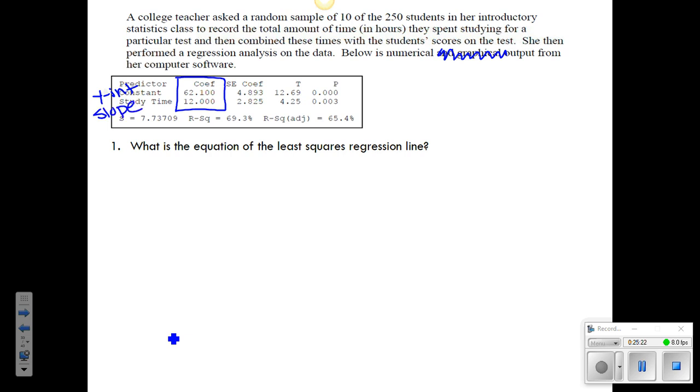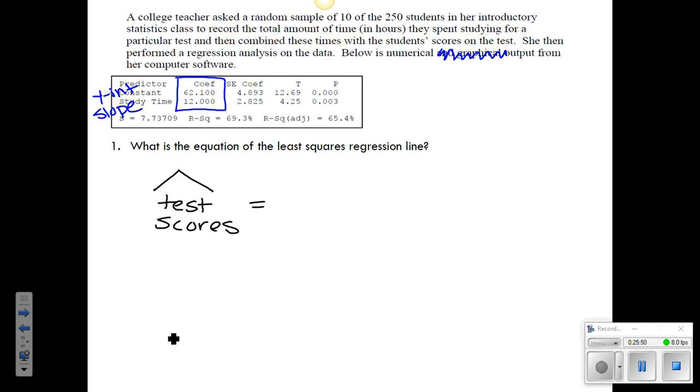So the first thing I'm going to ask you is, all right, what are we attempting to predict? Time? Scores? Are we predicting time or scores? Scores. Test scores. You are predicting test scores based off the amount of time you're studying.